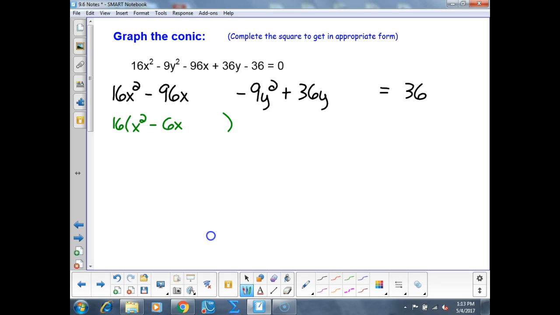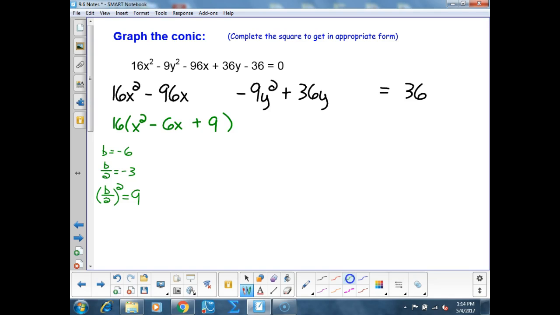Now that I've factored out a 16, now I say my green b is negative 6, which means my green b over 2 is negative 3, which means my green b over 2 squared is positive 9. With me on that? Okay. Which means in this gap here goes positive 9. But what really am I adding to the left side?